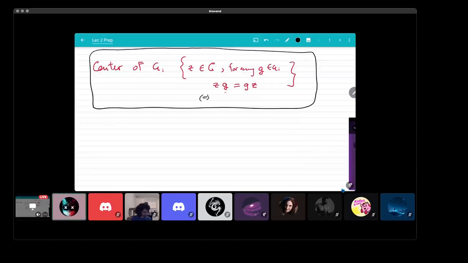So note the difference between normal and center of a group. If an element is in the center, it means it commutes with any other element. If it is in just any random normal subgroup, it does not mean this property.